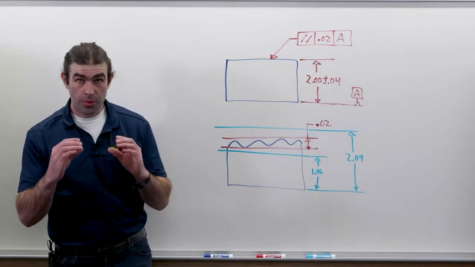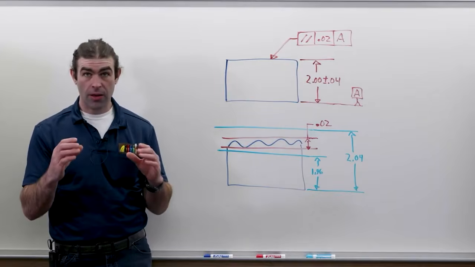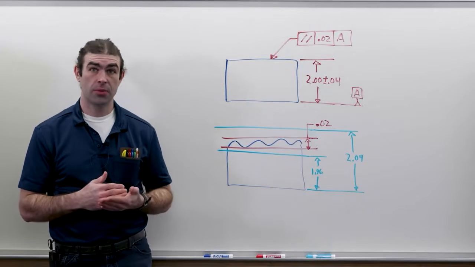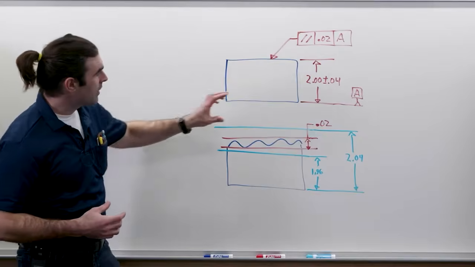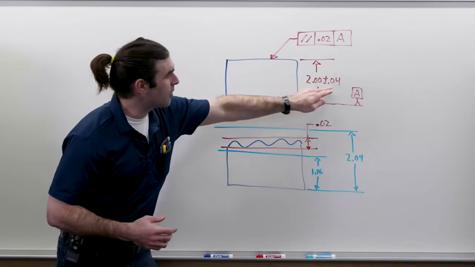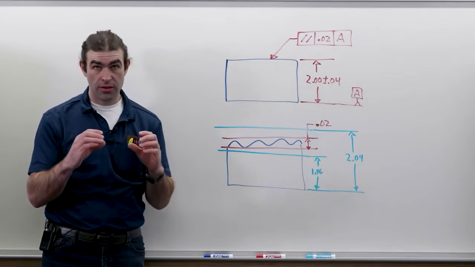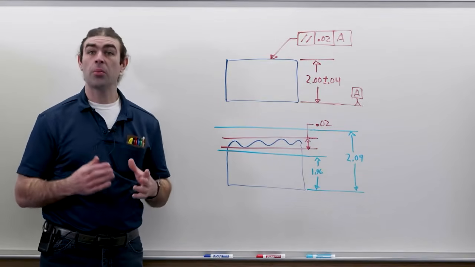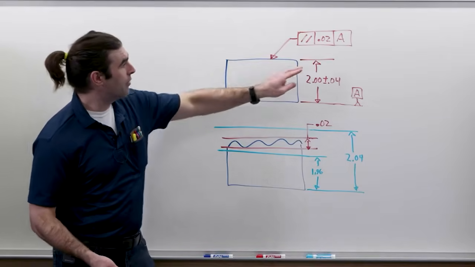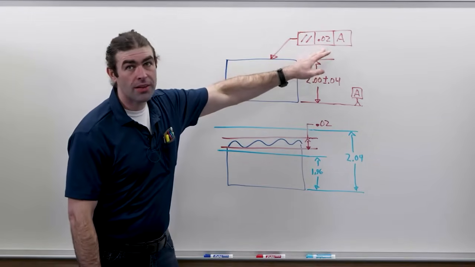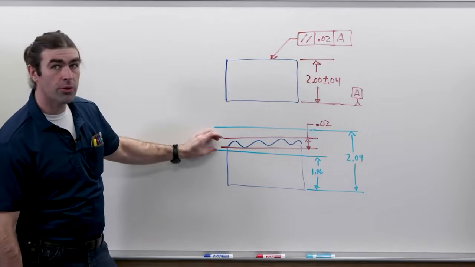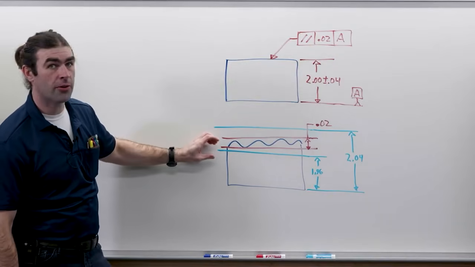Those 2 parallel planes must be parallel to the datum. What you have here is a size dimension, 2 inches plus or minus 40 thousandths. No matter what, the surface has to be within that. But within that, now you have 2 parallel planes 20 thousandths apart that can float within that larger tolerance zone.